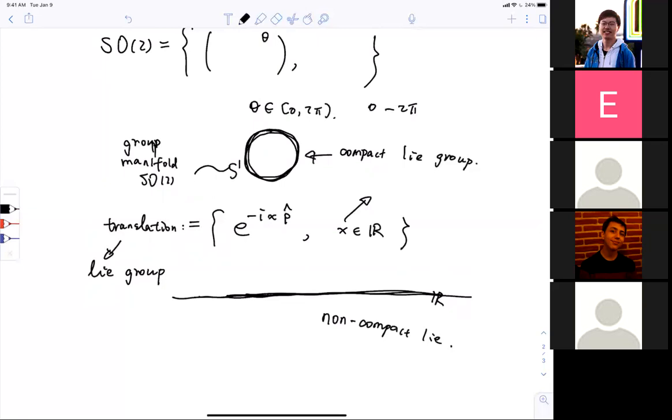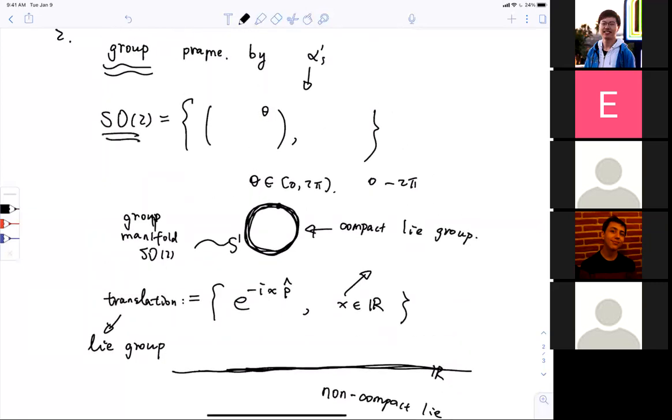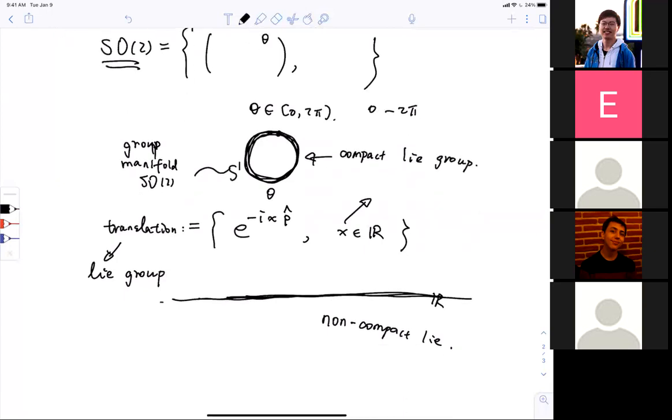Did you draw a circle just to mean that it is finite, or is there a meaning to why you draw it this way? I drew the circle because each point on this circle stands for an element in the group. This is the parameter space, where theta lives. Oh, I see. Similarly, this axis is where the parameter x lives. So it's the parameter space.